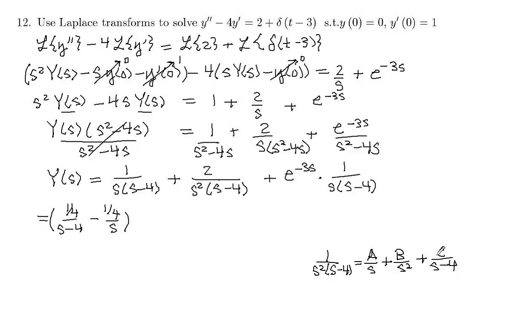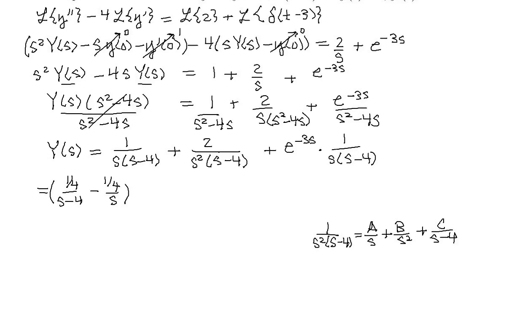And so multiply through by the LCD, and we're going to get 1 equals a times s times s minus 4 plus b times s minus 4 plus c times s squared.